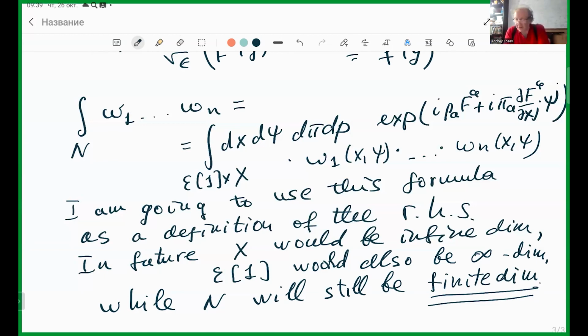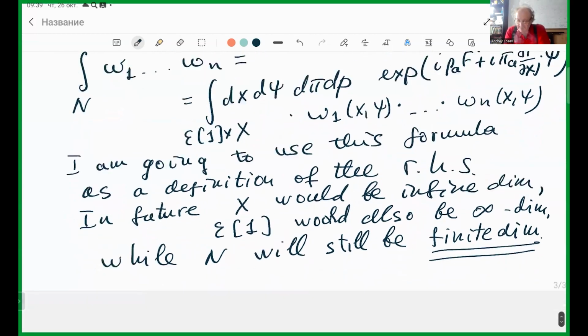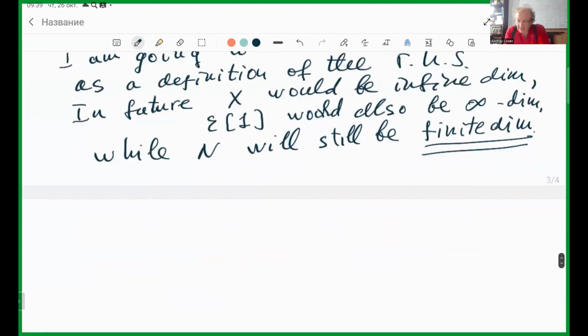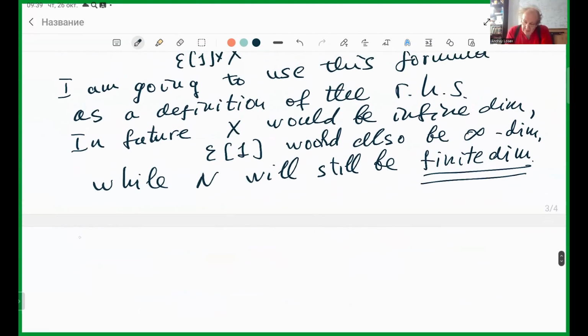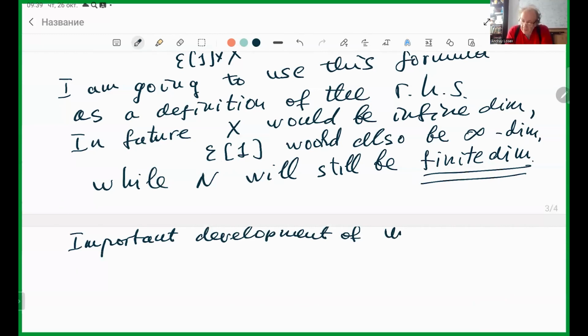And then it would be a definition. Important development of the idea.